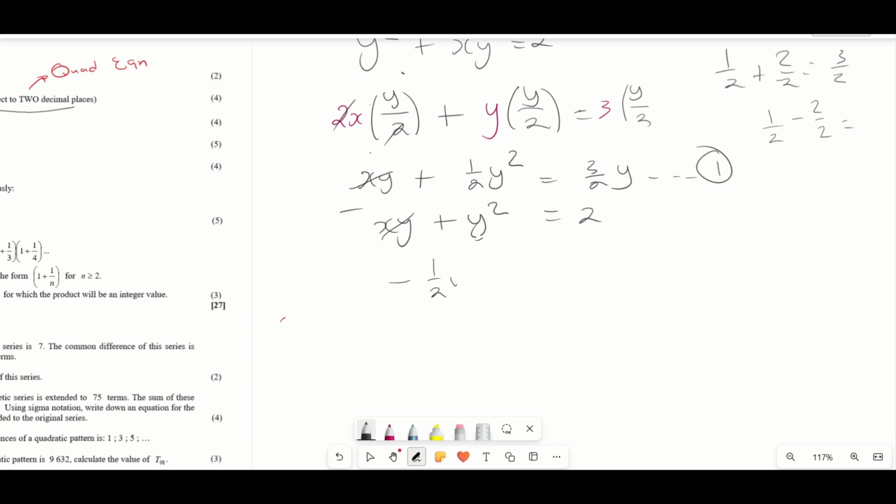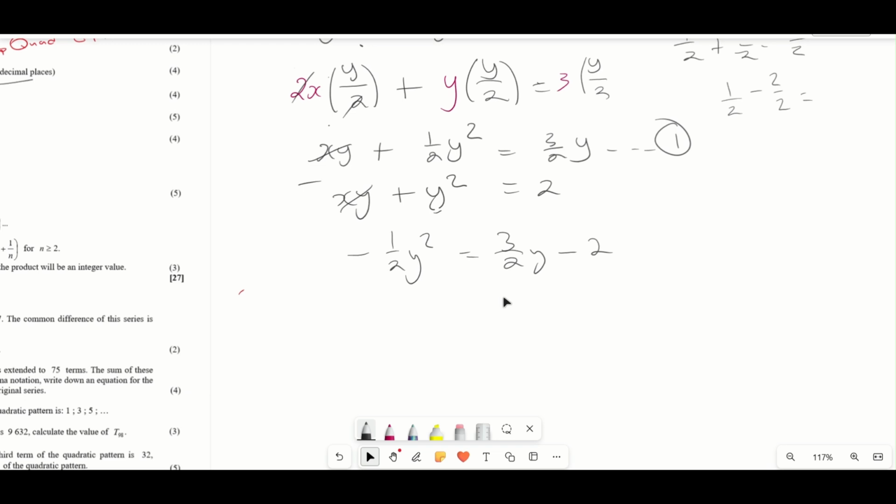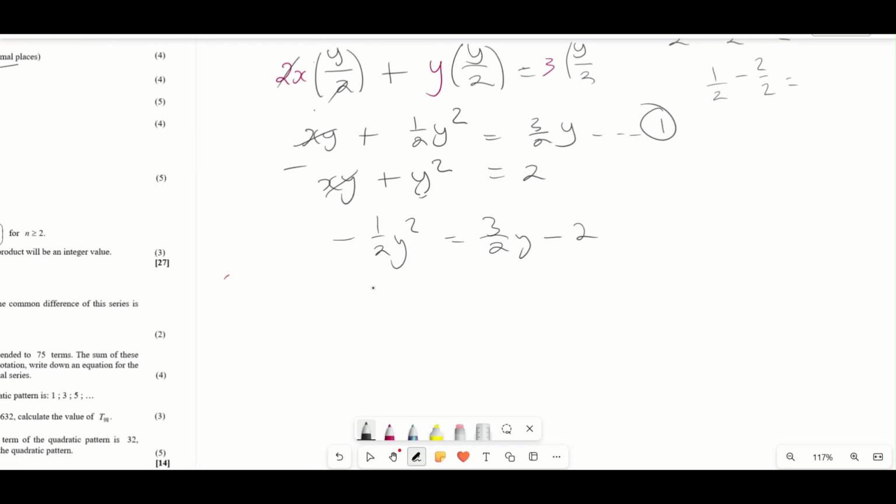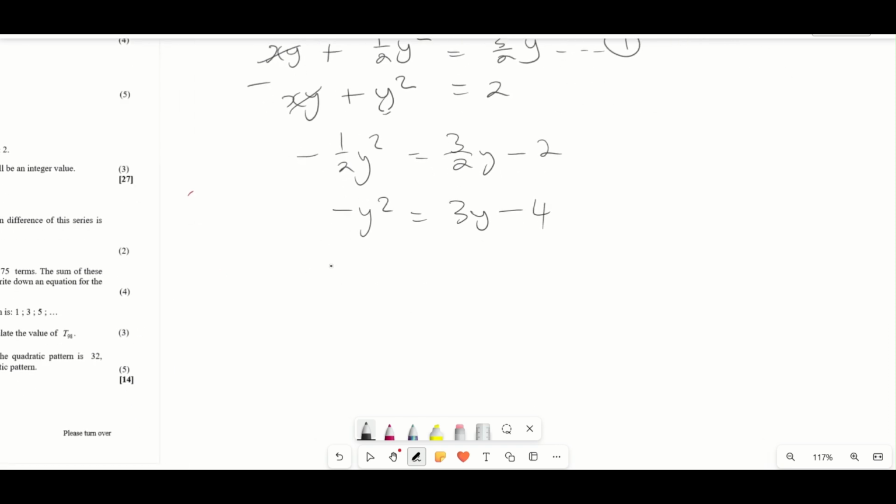So I have negative half y squared equal to 3 over 2 y minus 2. This is a quadratic equation, so I can multiply everything by 2, therefore I'll have negative y squared equal to 3y minus 4, and then transpose the y squared over.